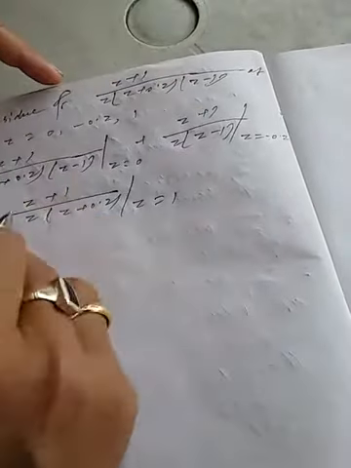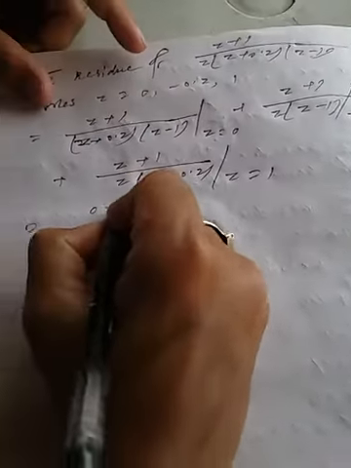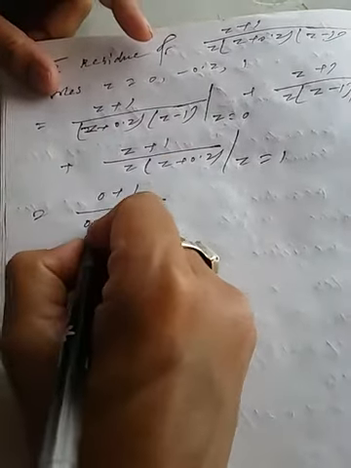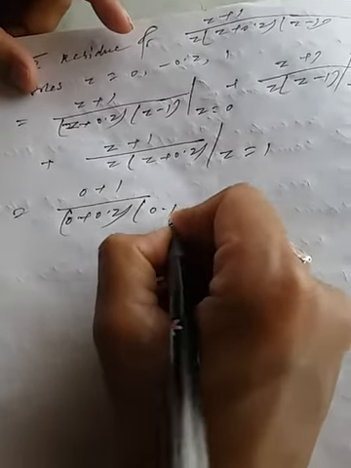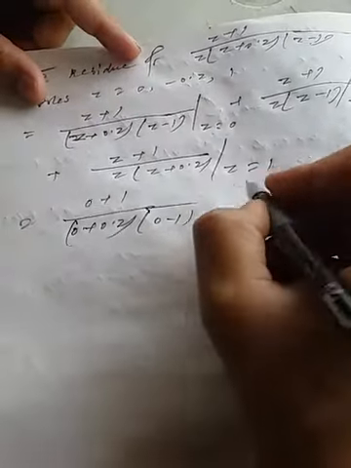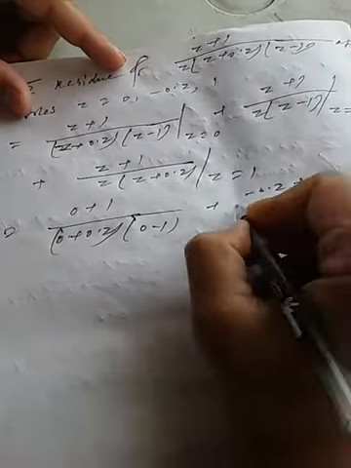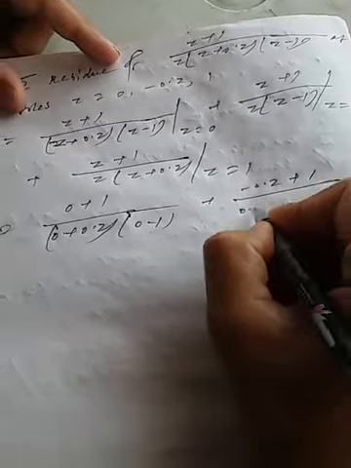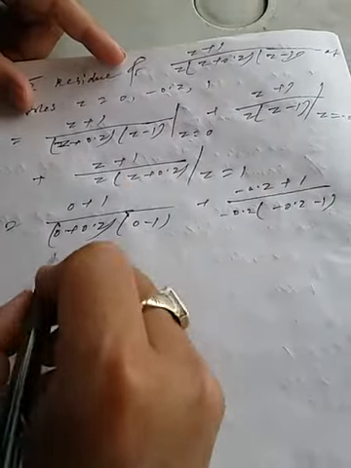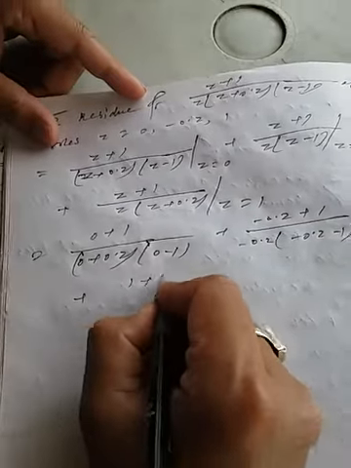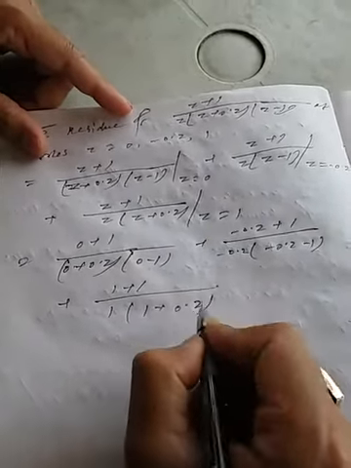So all the three terms will be summed up. If we put the values, 0 plus 1 by (0 plus 0.2) into (0 minus 1), for this portion minus 0.2 plus 1 divided by minus 0.2 into (minus 0.2 minus 1), and for this portion 1 plus 1 divided by 1 into (1 plus 0.2).